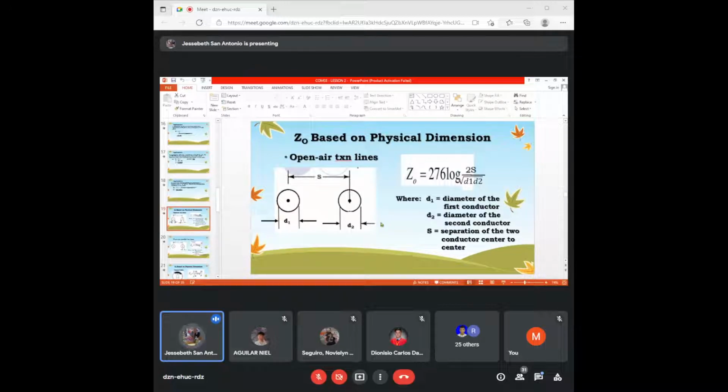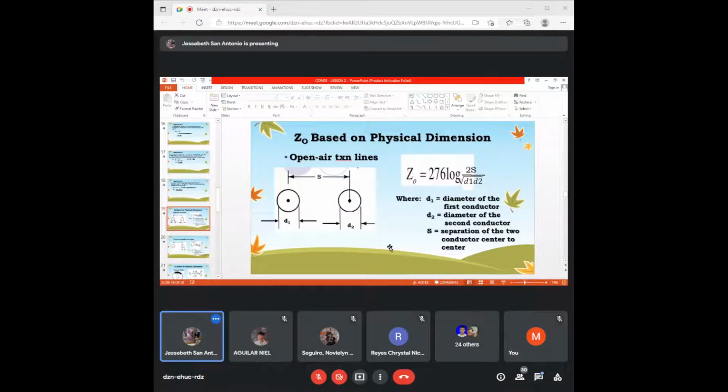Wala na yung square root. Since this is already given because air kasi ang kaya nga open air transmission lines, ang insulating material between the two conductors ay air. So we have the constant 276.